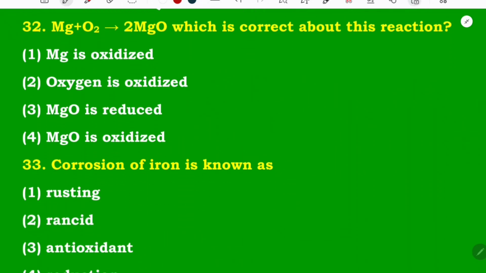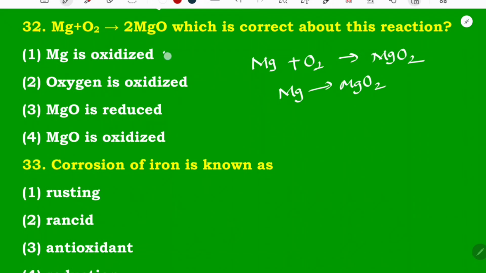Magnesium plus oxygen gives rise to magnesium oxide. Which is correct about the reaction? Generally Mg plus O2 gives rise to MgO. Magnesium is converting to magnesium oxide, so it is oxidized.